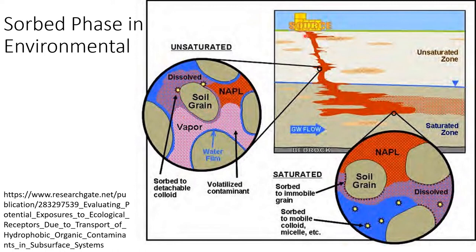Here we have, let's say we've got something that has spilled into the groundwater, into the aquifer, and you can have a water phase with a little bit of dissolved stuff in it. You can have a really dense dissolved phase, and you can have this acronym here, NAPL, which stands for non-aqueous phase liquid. So you can actually have, think of this as like an oil sitting in the aquifer, and it can be separate from the groundwater.